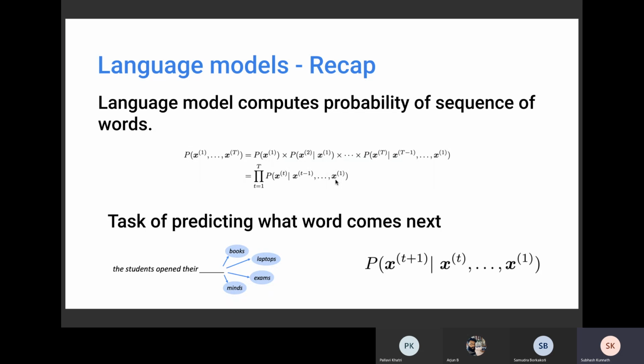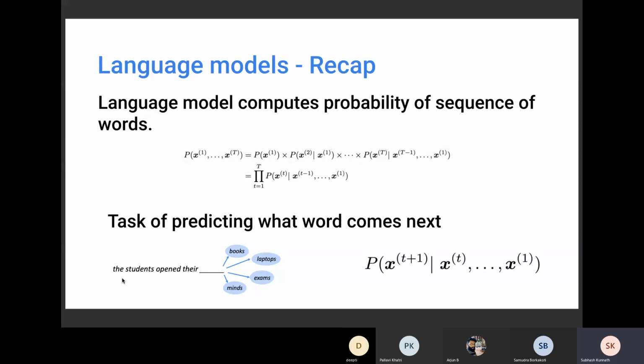Or the language model problem can be posed as a next word prediction problem. You are given some words till t minus 1 and you predict the next word, and what's the conditional probability. Say, here you can see, the students often; there can be n number of possibilities.